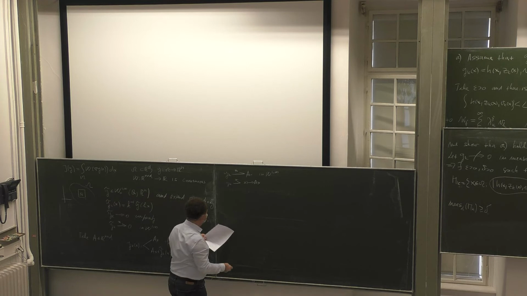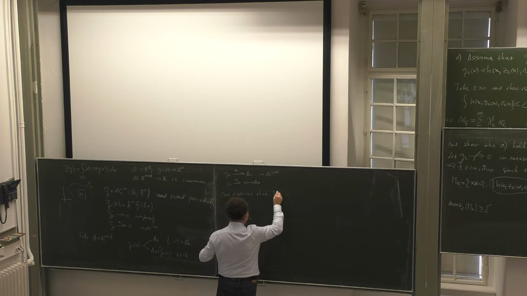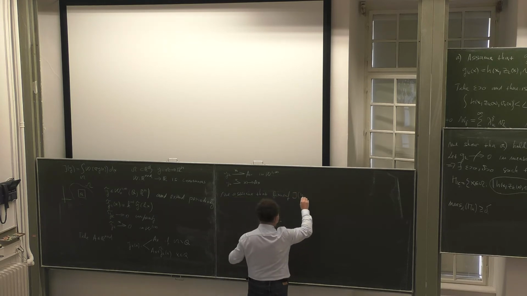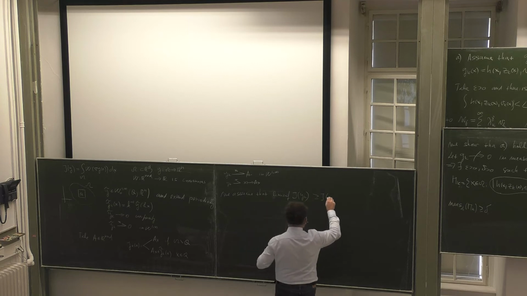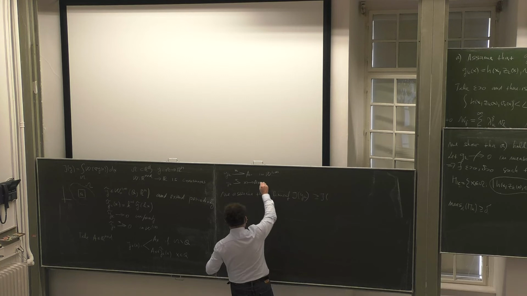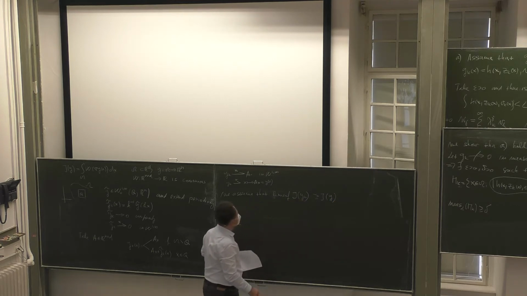So now we assume that the lim inf of j of yk is bigger or equal than j of, let me call this y of x, j of y, for k going to infinity.